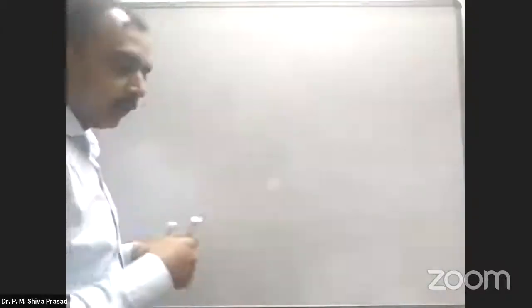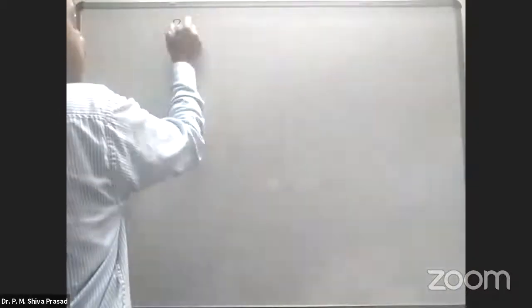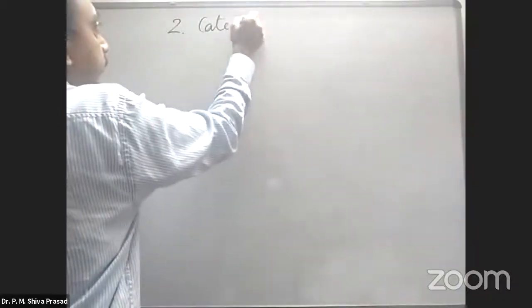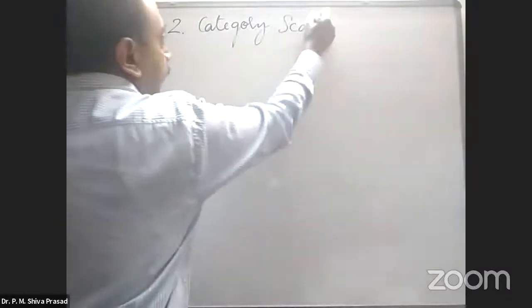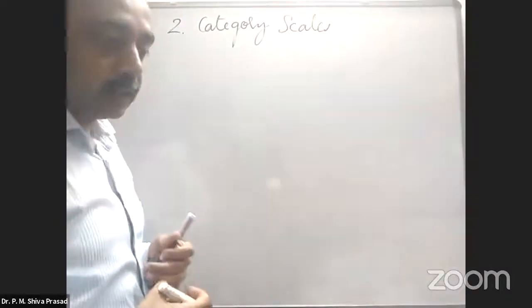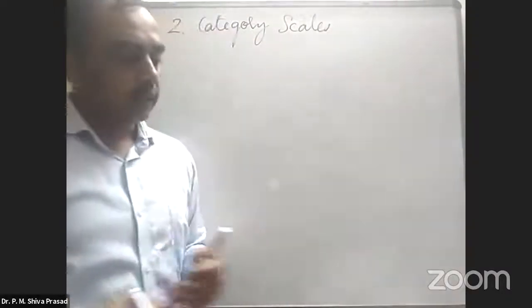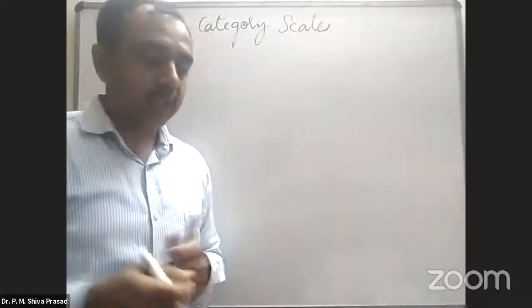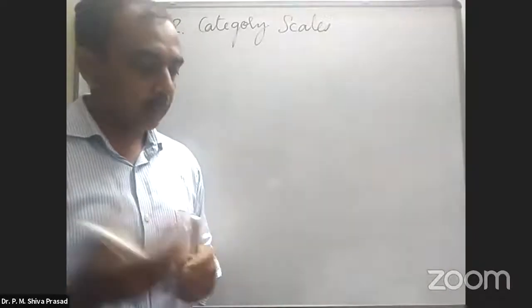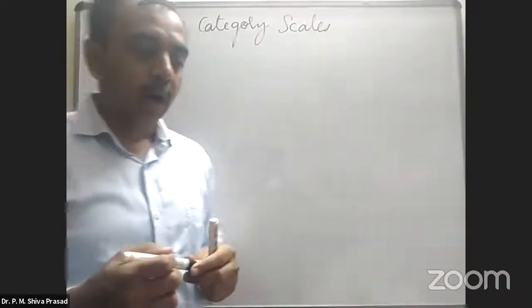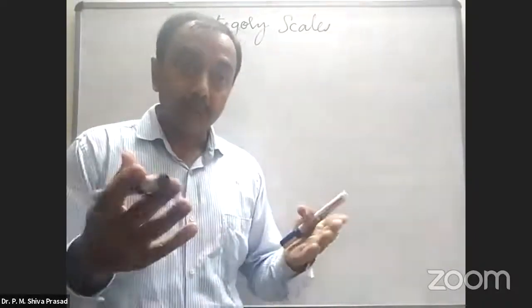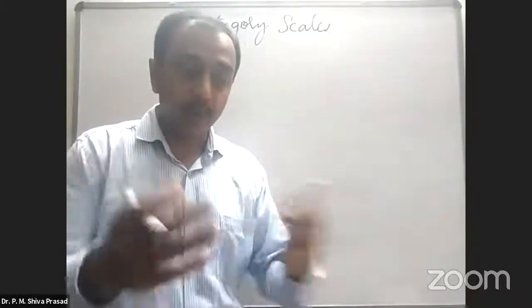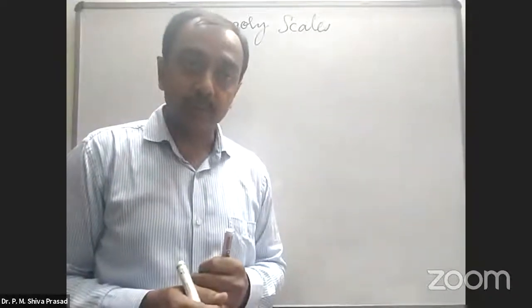Then the second type is category scales. We are going to put the responses into different categories. For example, how often is your superior or your boss friendly with you?